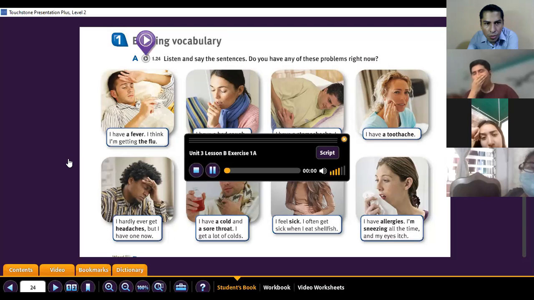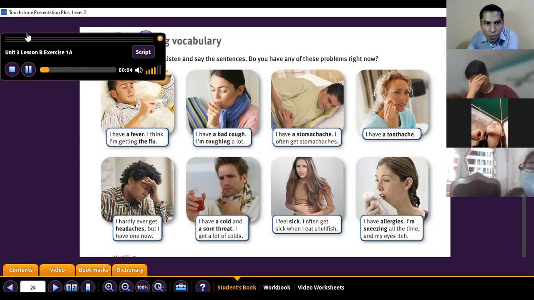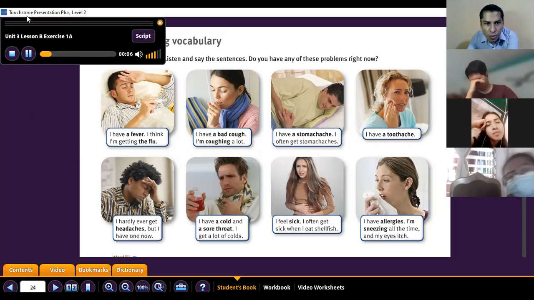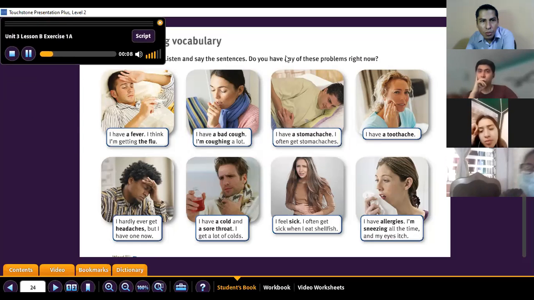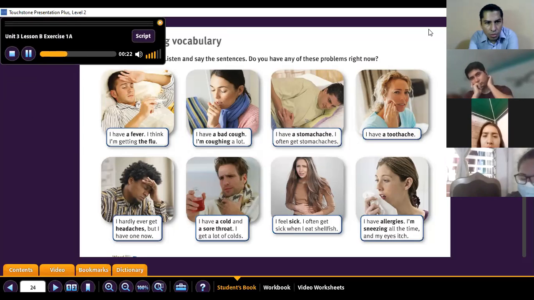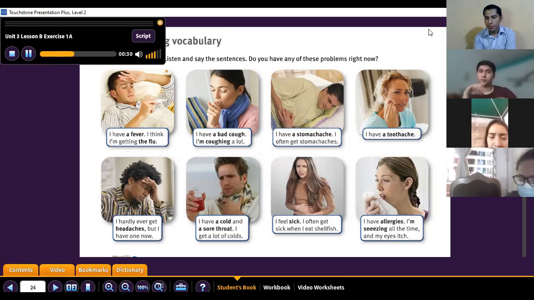Page 24. Lesson B. Aches and pains. 1. Building vocabulary. A. Listen and say the sentences. Do you have any of these problems right now? I have a fever. I think I'm getting the flu. I have a bad cough. I'm coughing a lot. I have a stomach ache.